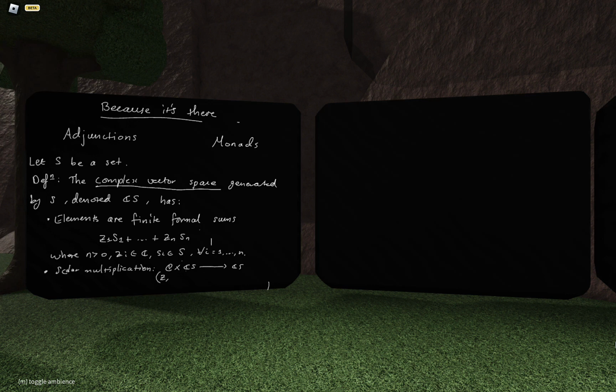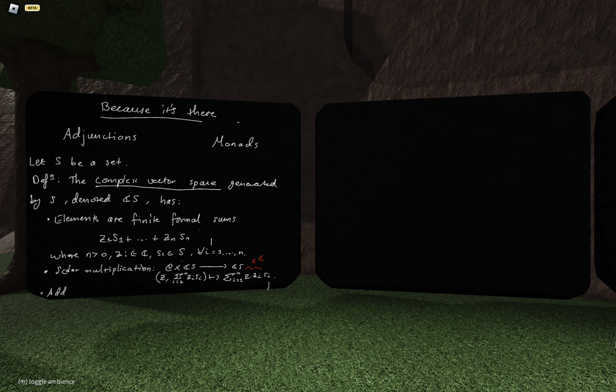So if you give me an element Z, and you give me a sum from i equals 1 to n of Zi Si, then this maps to the sum from i equals 1 up to n, Z times Zi times Si, right? And then notice that this happens inside the complex numbers, so you can go ahead and perform that multiplication. That is not a formal multiplication. That's a genuine multiplication inside the complex numbers.